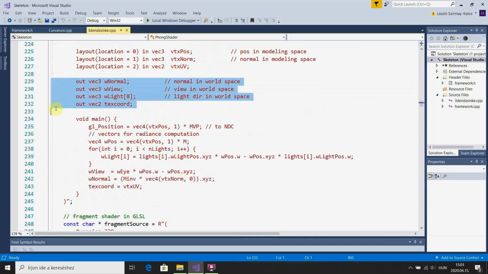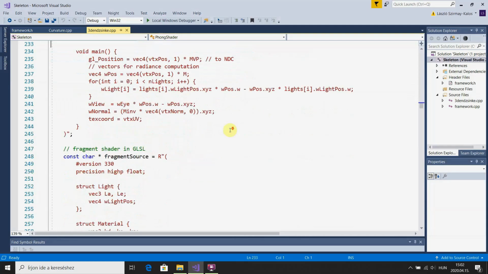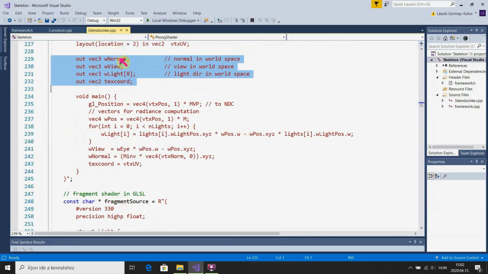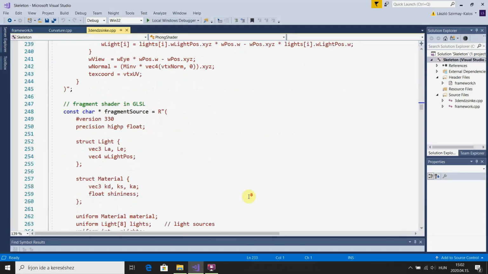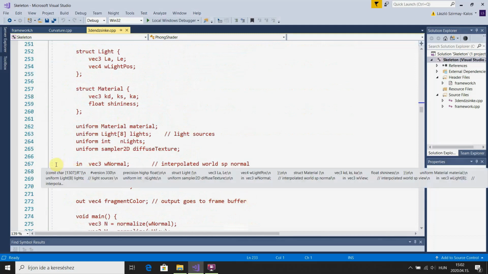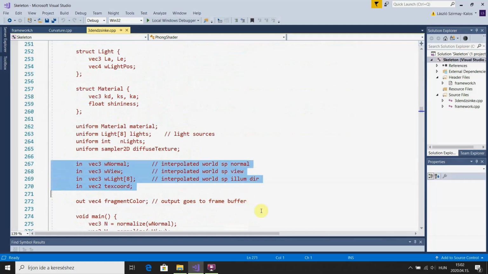The vectors, as well as the texture coordinates, go with the point through rasterization, and finally the process arrives at the pixels where the contents of the output registers are interpolated, and this fragment shader gets the interpolated values that are valid for that particular pixel which is shaded right now.